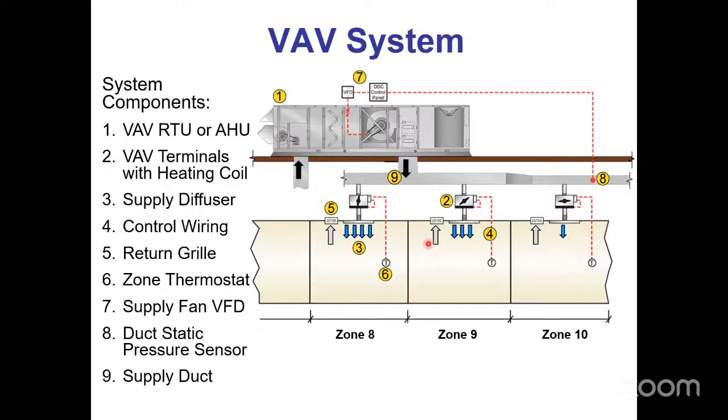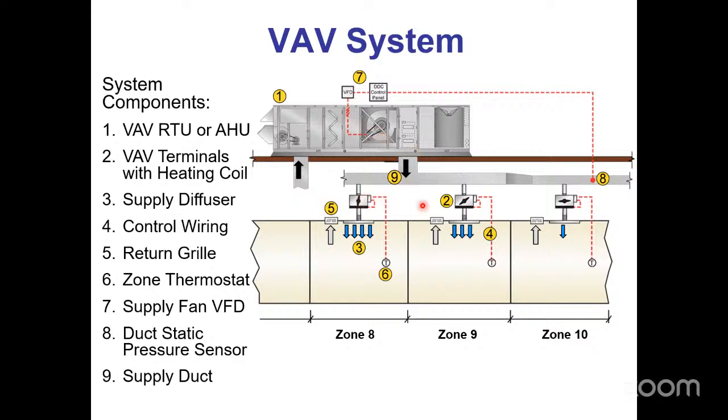You need the return grilles that are ducted, or in this case, open plenum to bring the air back. You need a thermostat for every single zone that's going to have a damper. You need a static pressure sensor in the duct system. There's going to be a VFD, or in the olden days, there could have been inlet guide vanes or other stuff. But nowadays, it's always a VFD 100% of the time. A VFD ramping that fan up or down.